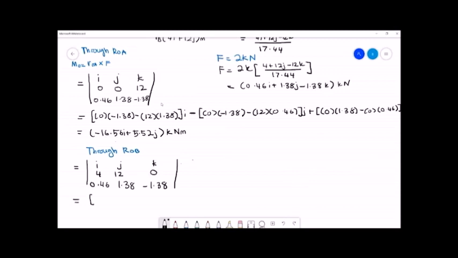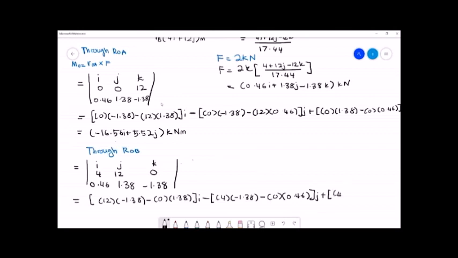okay, for i, remember cross out vertical and horizontal, so you will get 12 times negative 1.38 minus 0 times 1.38 is for i, and then minus, okay, j, remember there is j, you will take 4 times negative 1.38 minus 0 times 0.46 j, then plus k, cross out the vertical and horizontal.